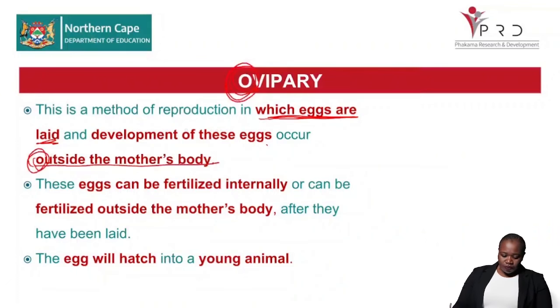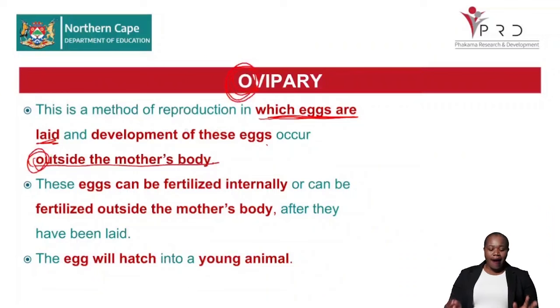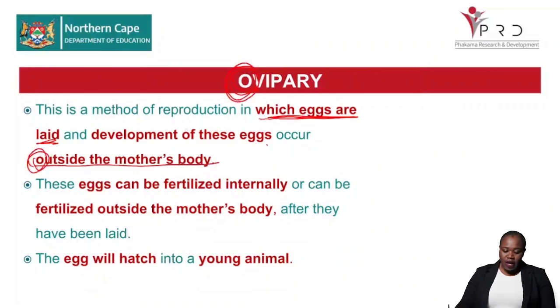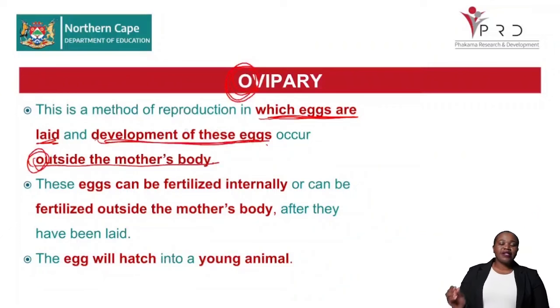Right, so these eggs can be fertilized internally and then released, or fertilized externally outside the mother's body after they have been laid, and then the development would start. Right, so the egg will hatch into a young animal. So the egg develops outside. That is the main thing that you should remember here. Development of the egg is outside.